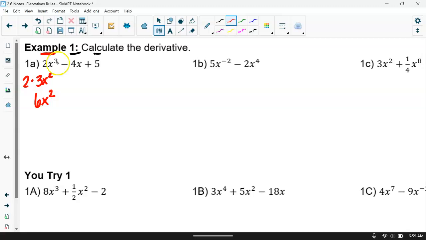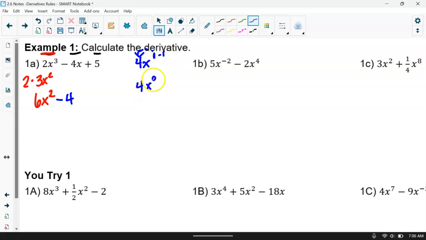We've talked about that in the previous lesson, but again, a constant multiple. Then we're going to go to the next. That's minus 4x. What is the derivative of 4x? This is just going to be minus 4, because we have 4x with an exponent of 1, then bring down, multiply. 4 times 1 is 4 and minus 1, now it's x to the 0.